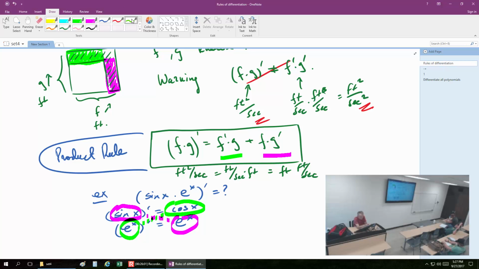So it will be f prime, cosine x times e to the x, okay, plus the other two, sine x times e to the x. Okay, so that is the derivative. Two functions involved. Also differentiate them. You have four functions. Cross multiply, add. You have the derivative. Okay, so that's roughly how it works.